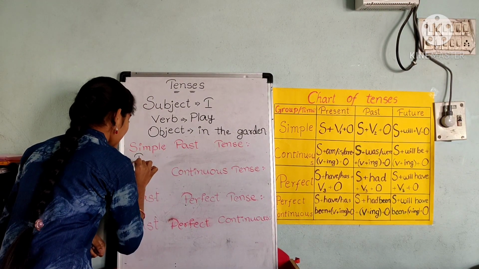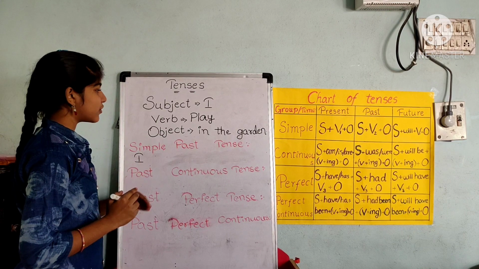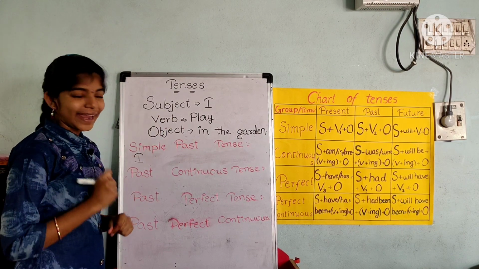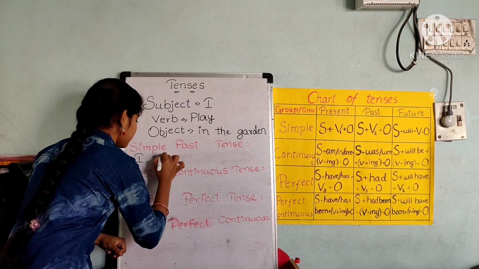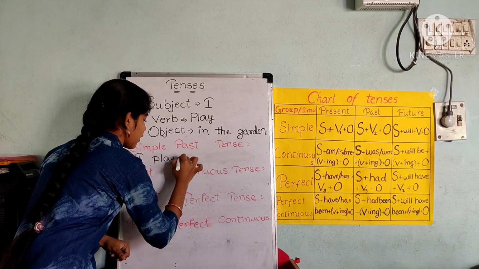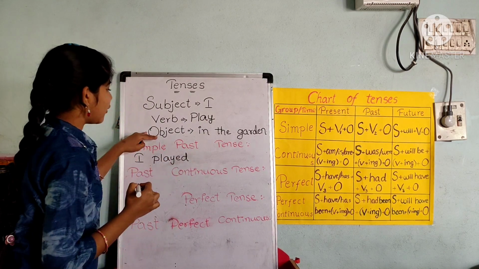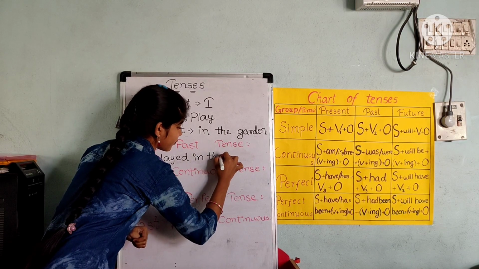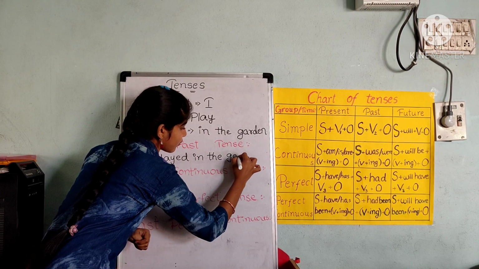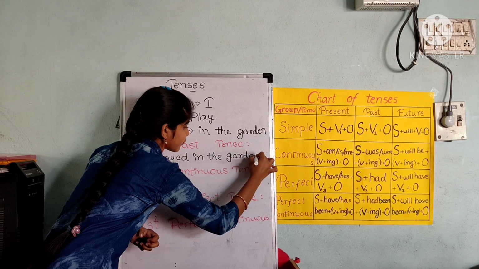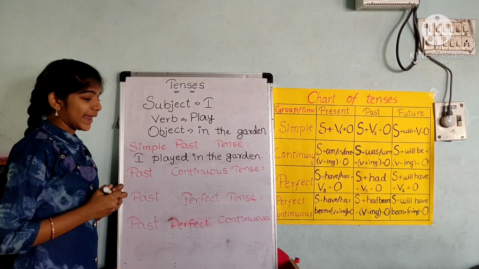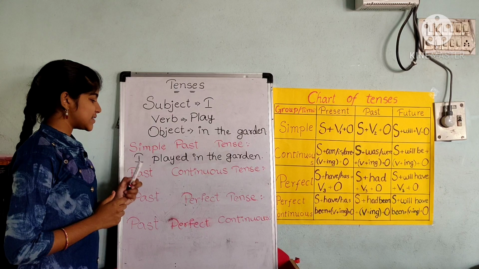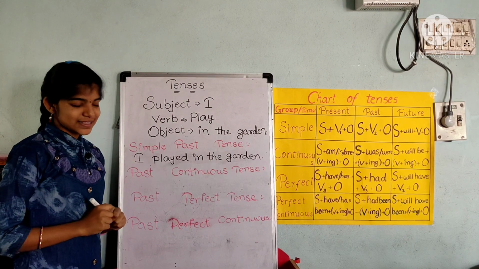Subject is I. V2 form for verb play is played. And object is in the garden. I played in the garden. It's an example for simple past tense.